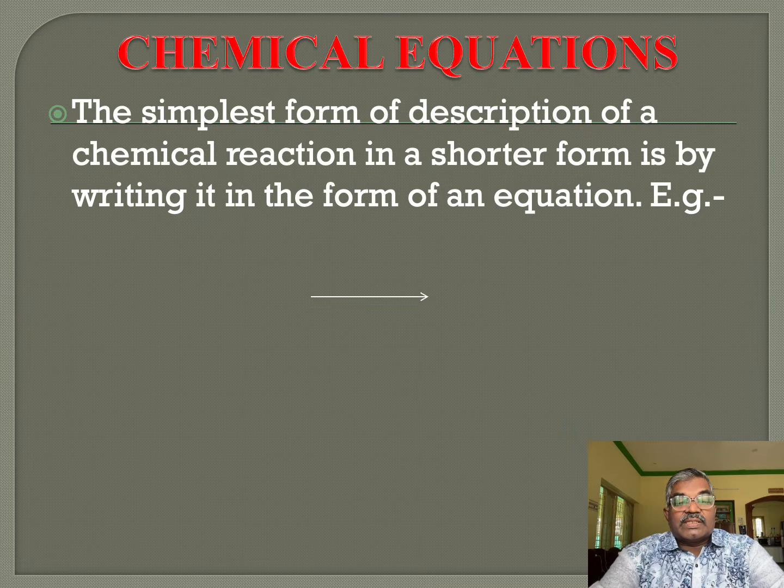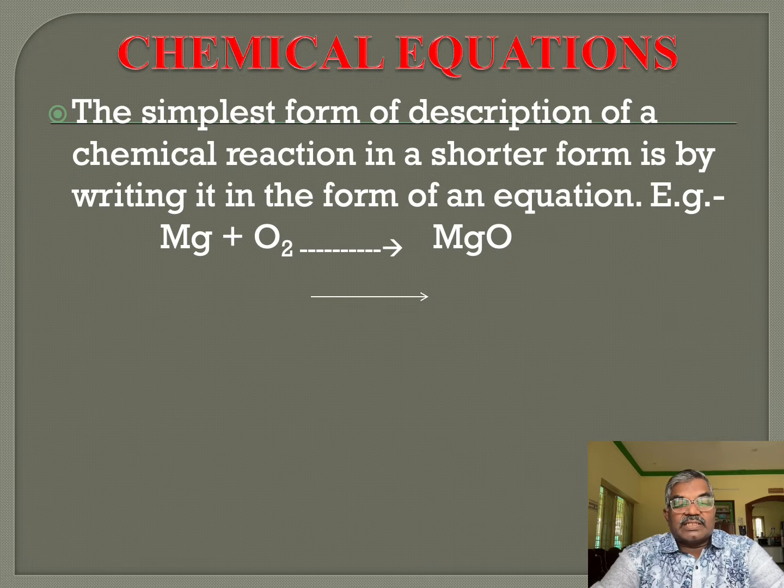Now suppose I am giving a statement. I can convert the statement into a chemical word equation: magnesium plus oxygen gives, with an arrow mark, magnesium oxide. Now you can convert this into a chemical equation. What is a chemical equation?